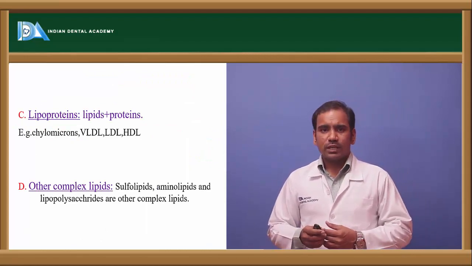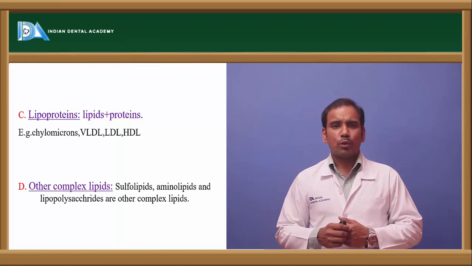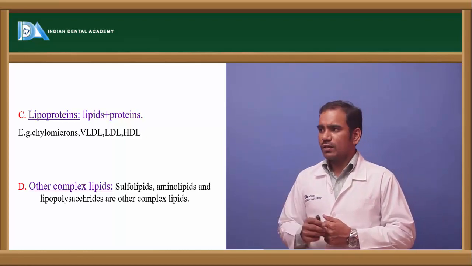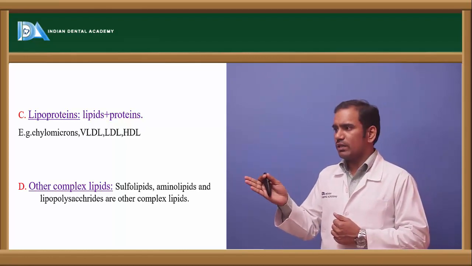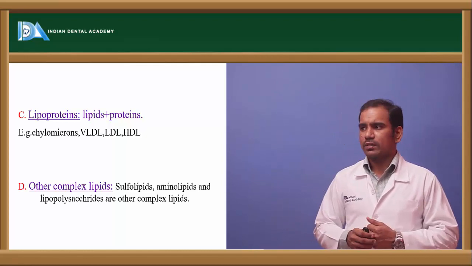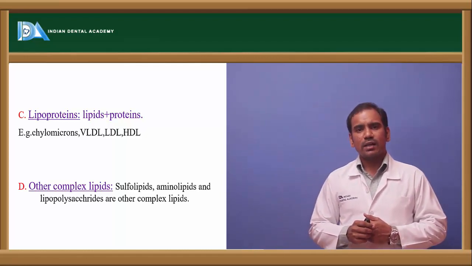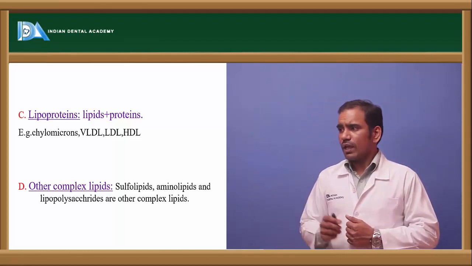Now coming to another type of compound lipids, lipoproteins. Here the non-lipid part is protein. They have a lipid part plus a non-lipid part, and when the non-lipid part is a protein, we call them lipoproteins. Examples for lipoproteins are chylomicrons, VLDL, LDL, HDL. All those are lipoproteins.